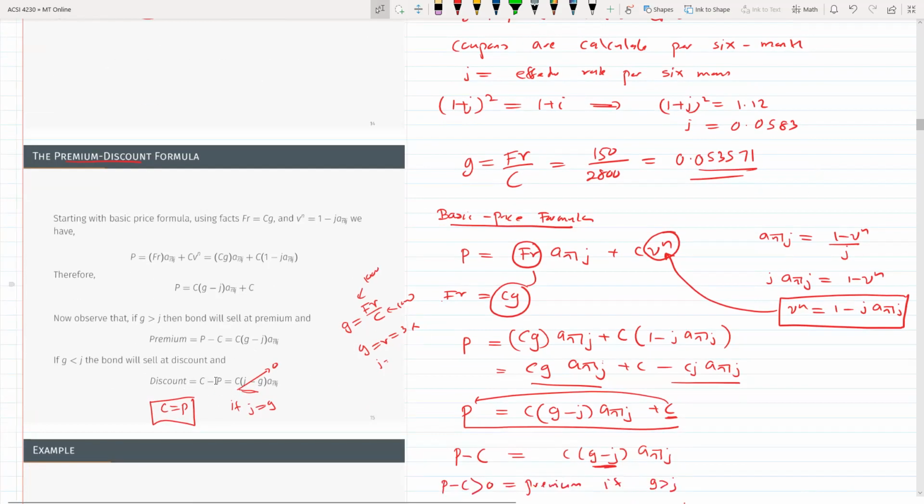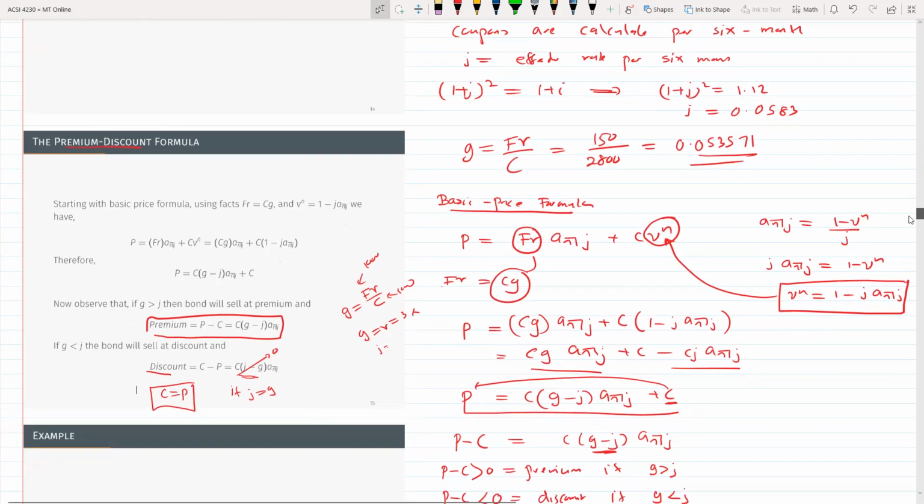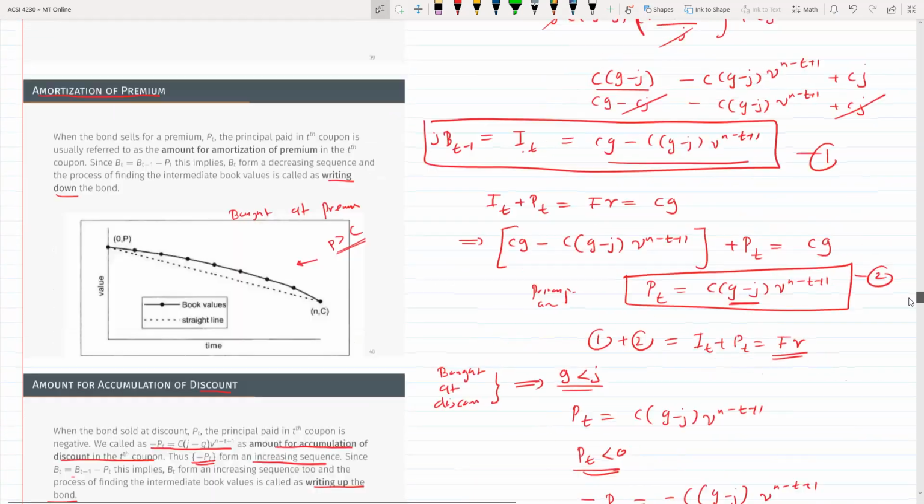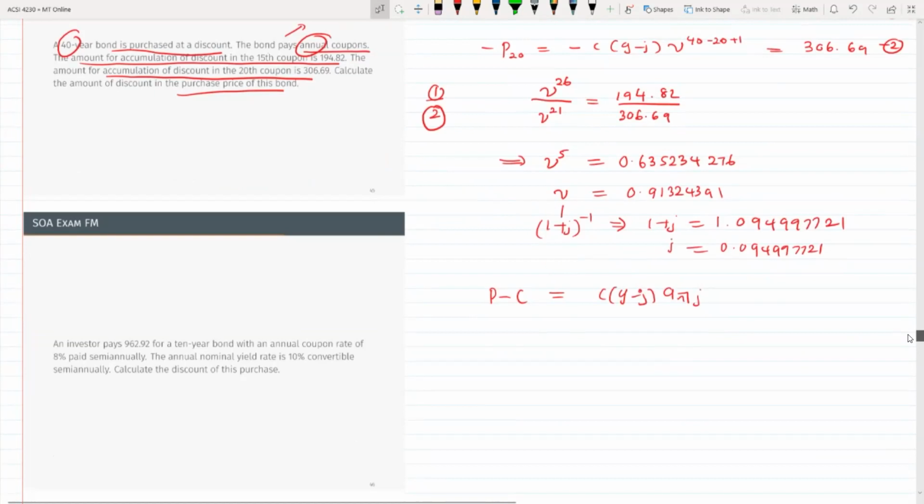So premium discount formula says discount is C minus P, premium is P minus C, which is C times G minus J A N J. Okay, so we are using this formula. The same thing depends on which one is bigger, premium or discount.